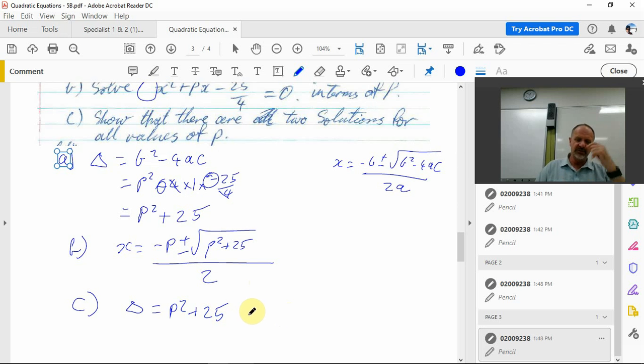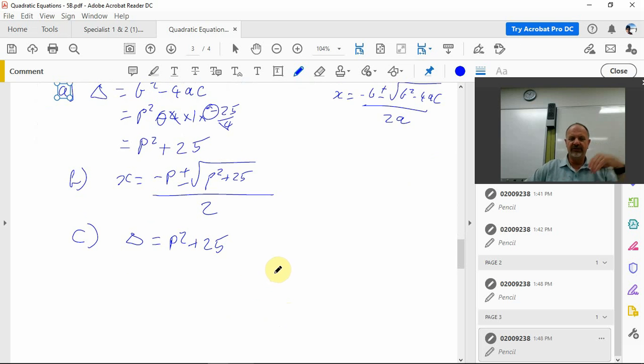So when we look at that, no matter what p is, when you square p, you get a positive number. Because if p is negative, a negative times a negative is a positive.